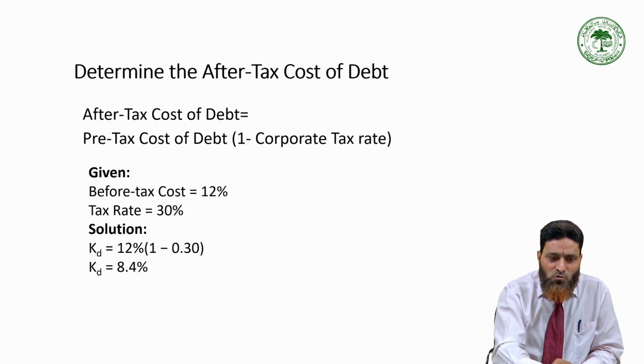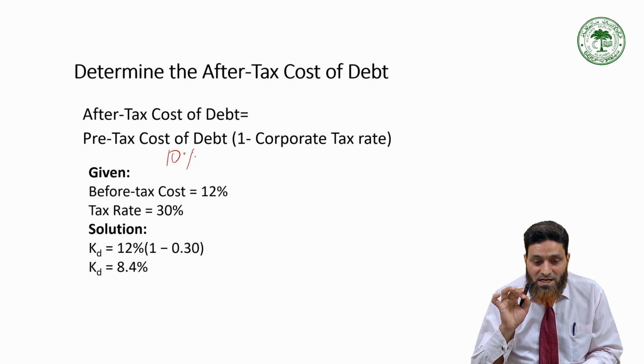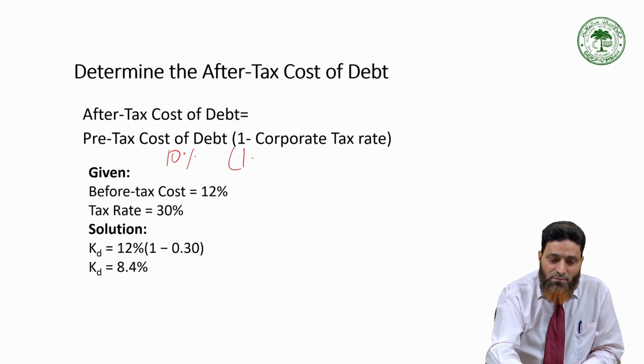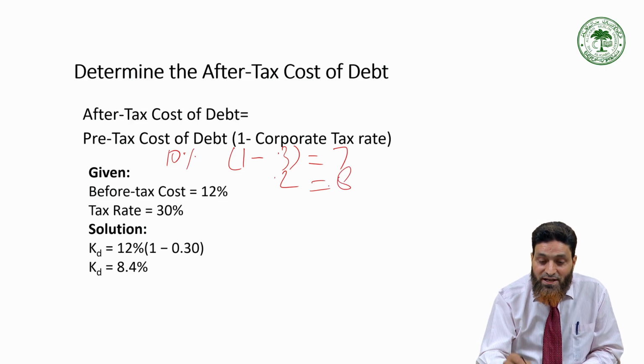Take the example: in the previous example, I calculated the cost of debt as 10%. If the tax rate prevailing is 30%, then 1 minus 0.3, so the effective cost of debt will be 7%. If the tax rate is 0.2, then the effective cost of debt will be 8%. If no tax rate is prevailing, that is 0, then the cost of debt will be 10%.